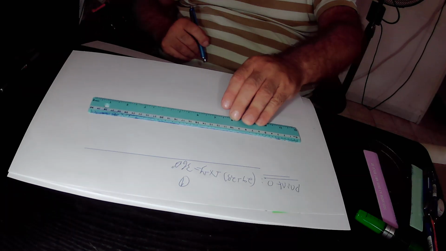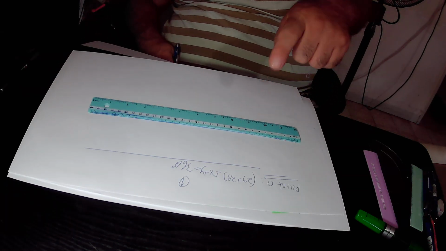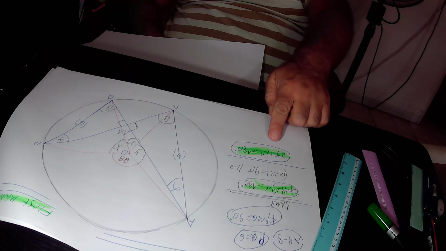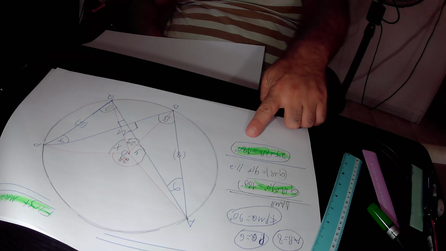But we have already found out that 2 alpha plus 2 beta equals 180 degrees.